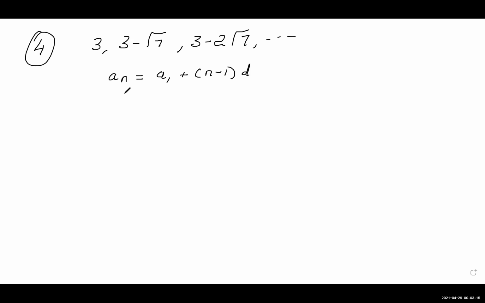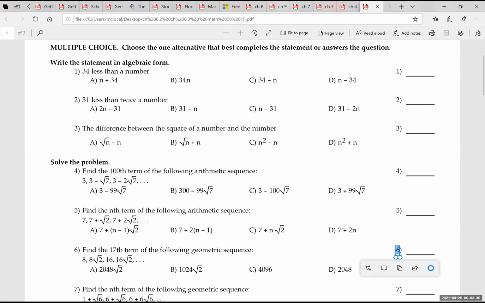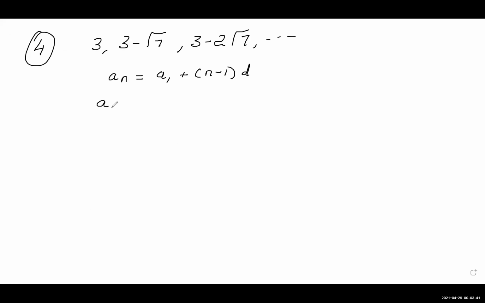Okay, let's go back and see what they are asking you here. They're saying find the 100th term of the following arithmetic sequence. So we want to find the 100th term.